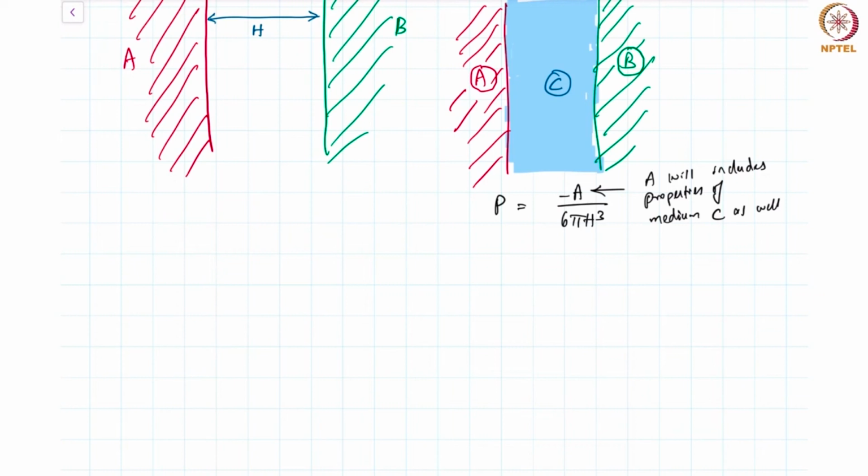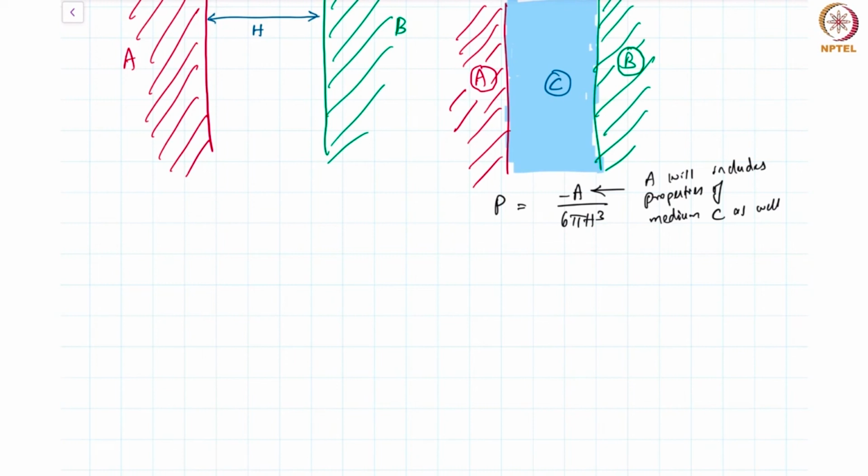And remember, these are because of instantaneous dipoles, fluctuating dipoles that are created in A and B. The frequency of this fluctuation would automatically affect how the interaction happens, through the properties of medium C. So properties of medium C, such as the refractive index, or if C is charged, then the charge density, all of that will enter in determining the Hamaker constant for such a case.